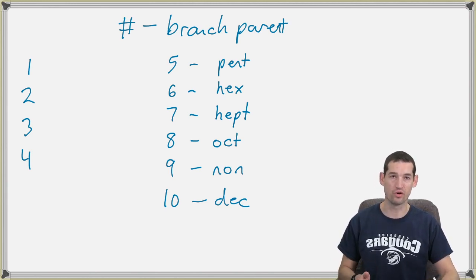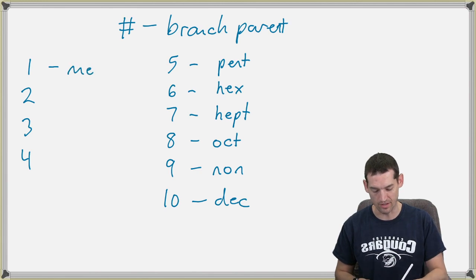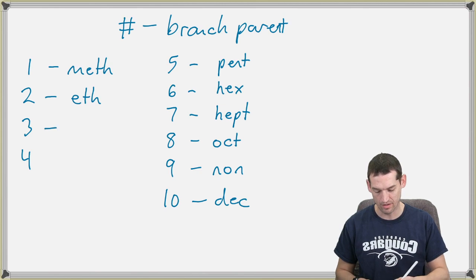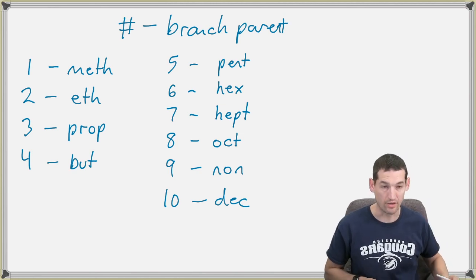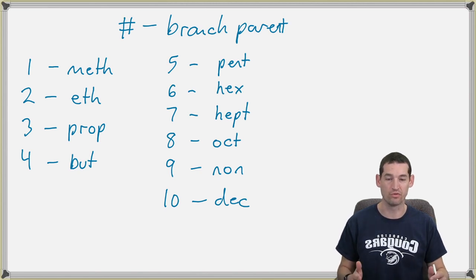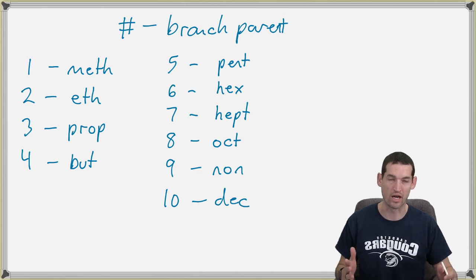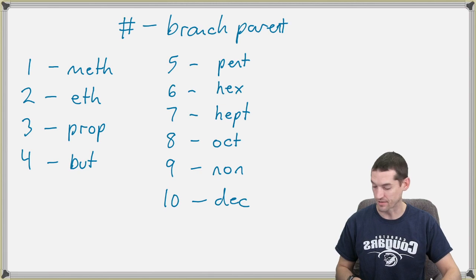The first 4, though, don't follow numerical rules. So these are ones you're just going to have to memorize. Number 1 is meth, 2 is eth, 3 is prop, and 4 is but. Now each of these I'll show you how they work here in just a second, but you do need to make sure that you know these prefixes before we jump into how to actually put this together. So make sure that that's something that you memorize.